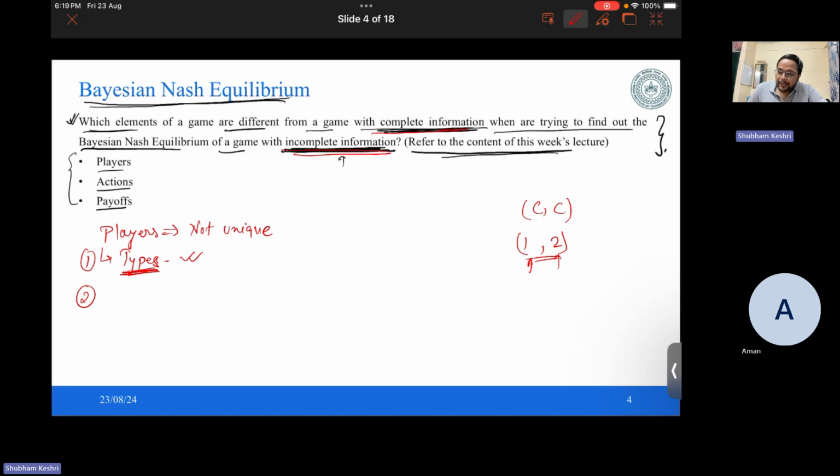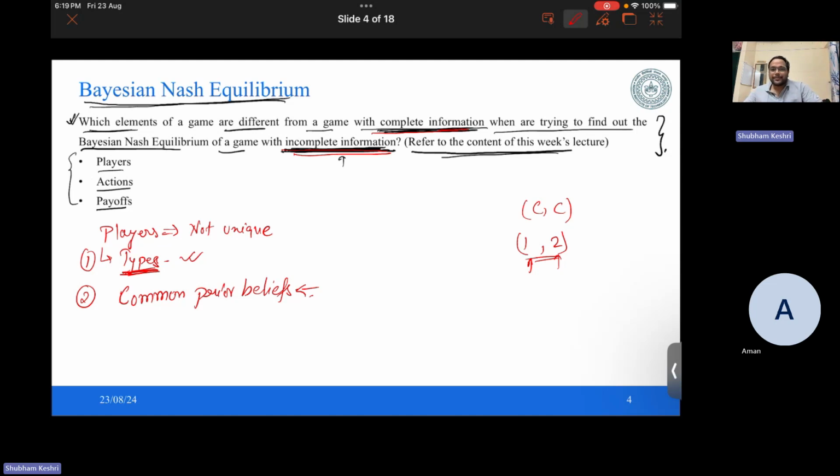The second is beliefs, which are commonly known. So there are common prior beliefs. What does this mean? The players don't know the type of the other players.